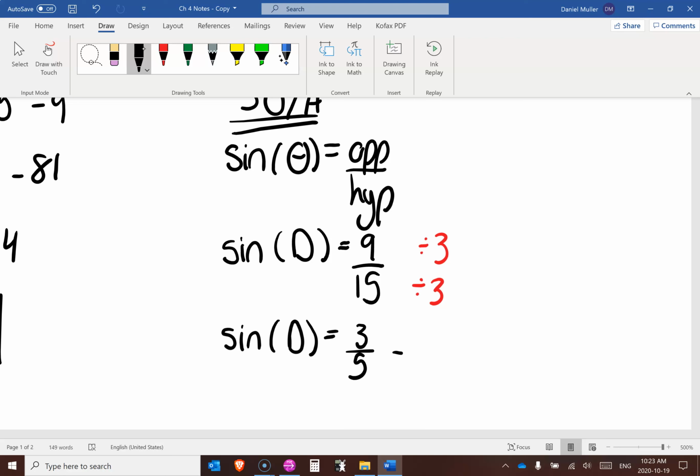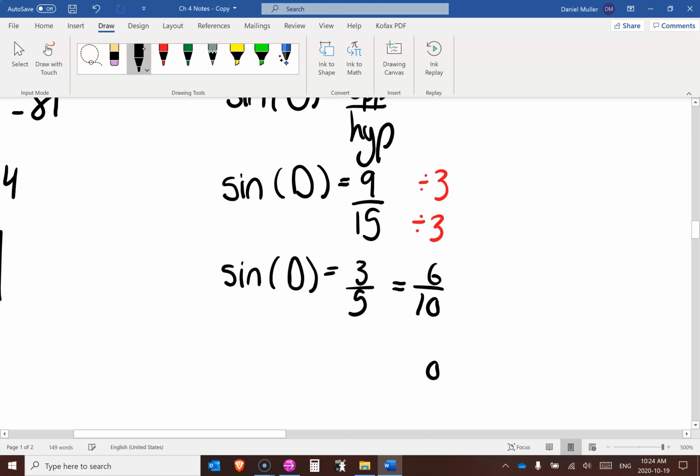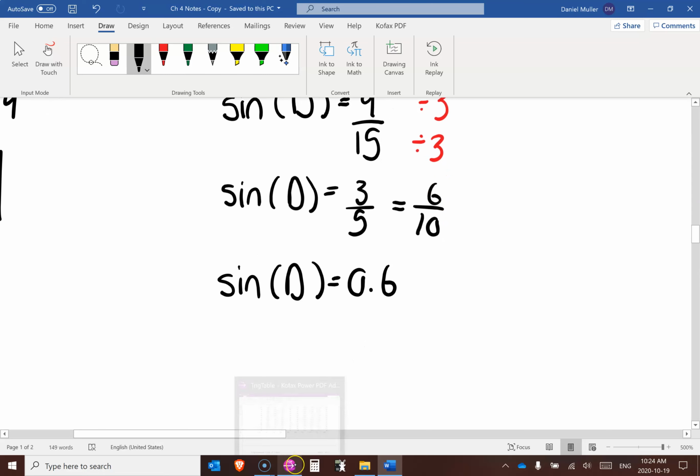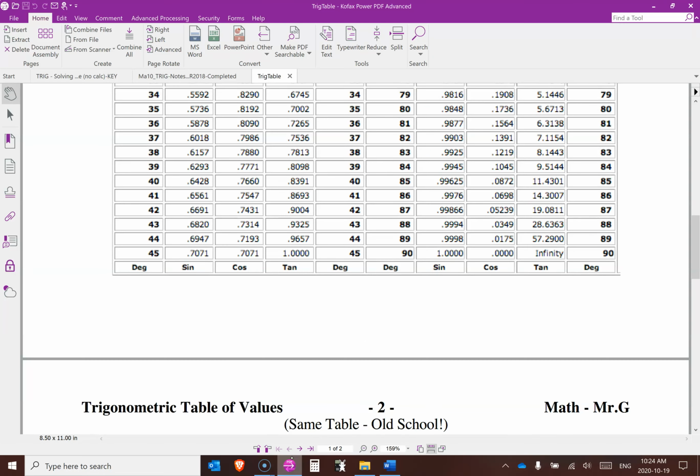Which, by the way, if you doubled it, would be 6 over 10. So we're looking for sine of D equals 6 over 10, which is 0.6. Okay, so we need to find 0.6, and we're working backwards here. We need to find the angle, and we're doing sine. So all I need to do is look in this column for 0.6. Oh, right here, look at that.